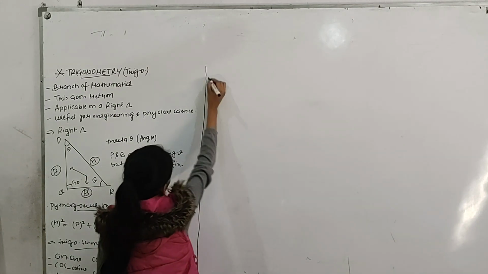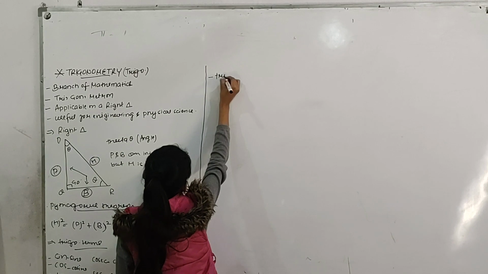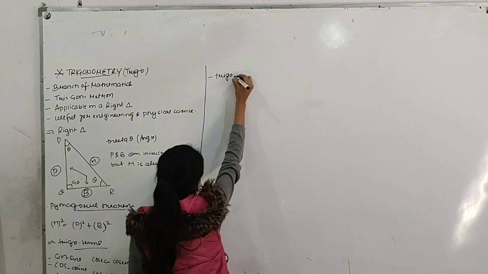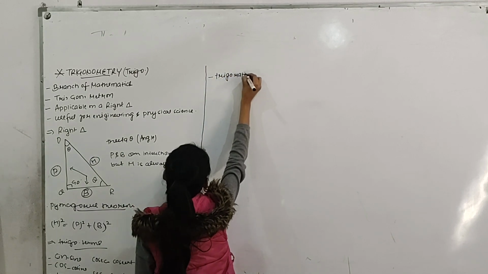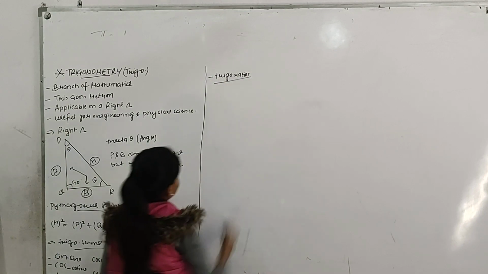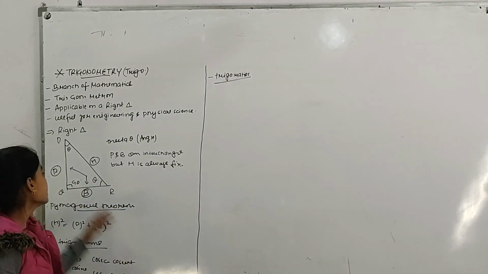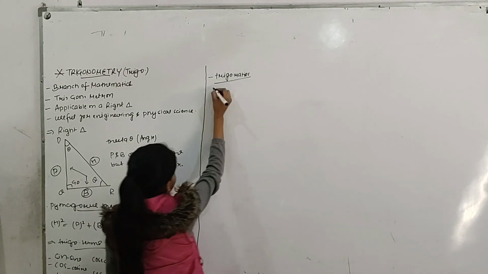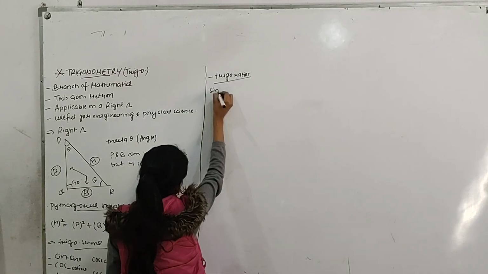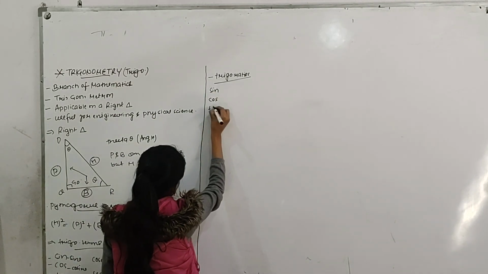Now next we have trigonometric ratios. Trigonometric ratios tell about the relationship between the sides of a right triangle, which are sine, cos and tan.